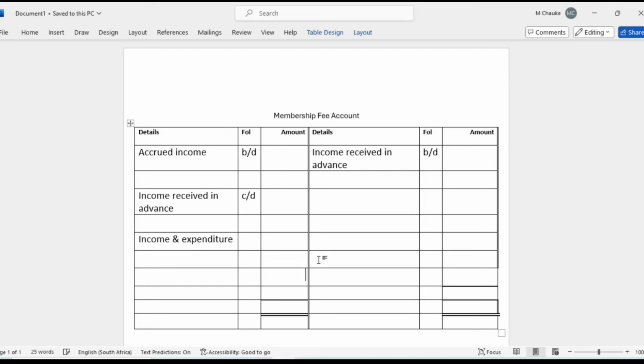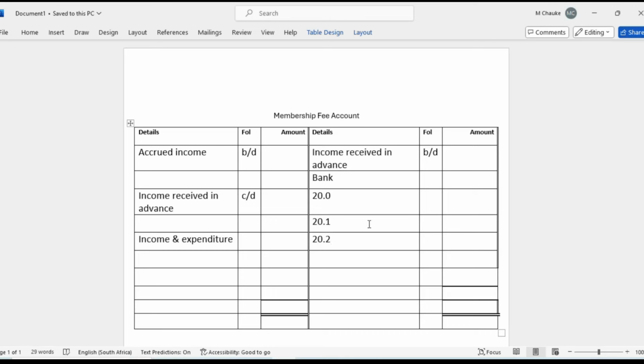Income and expenditure. And then on the other side, we will have bank. We will have our bank, right? And then our bank will be divided into 2000, 2001, which is the current year, and 2002, which is the next year, right?